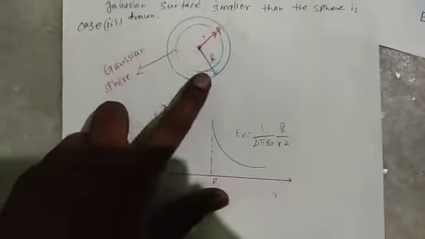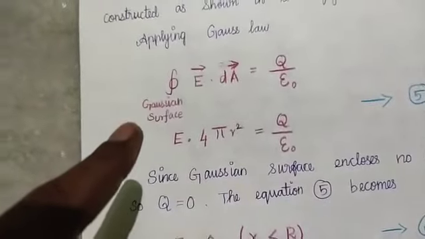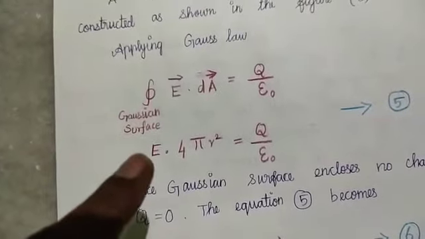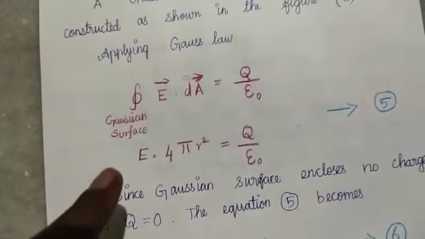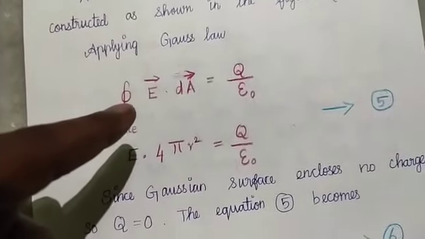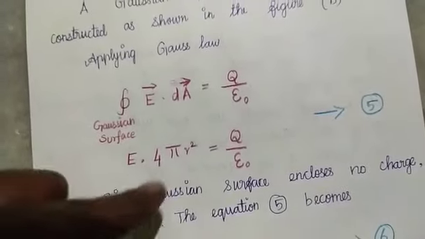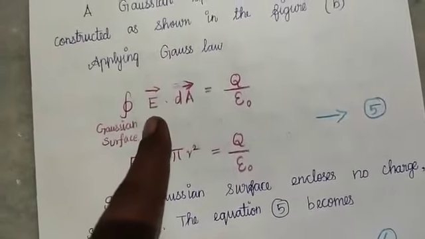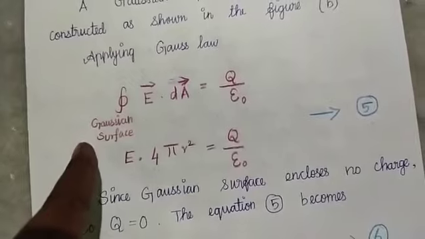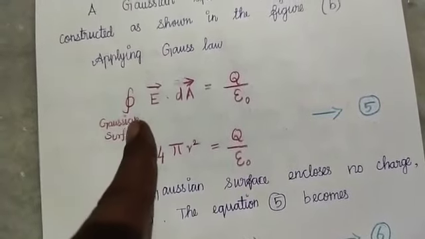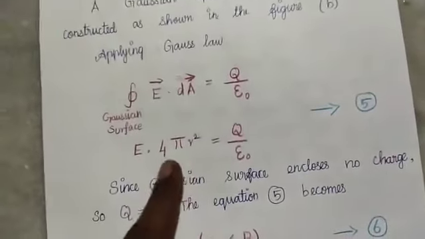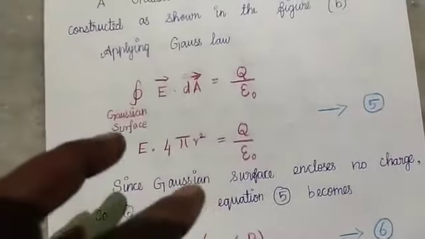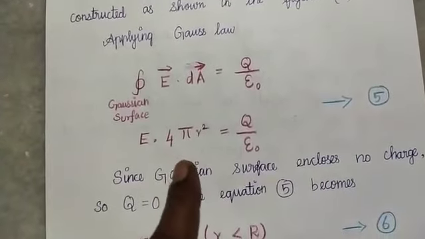This is the second diagram. For the Gaussian surface, the closed integral of E vector dot dA vector equals q by epsilon naught. As already discussed, E into 4 pi r square: E, the electric field, is taken out of the integration, and the remaining term is the closed integral of dA. Integrating dA gives the overall area of the sphere, 4 pi r square.